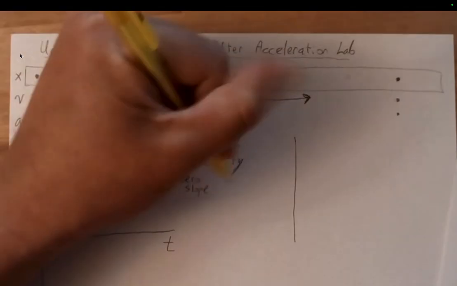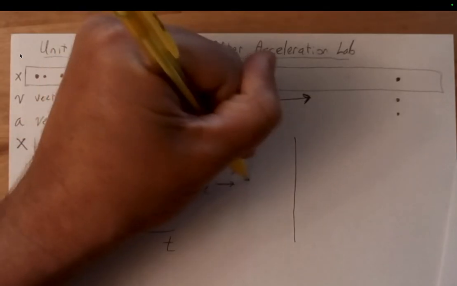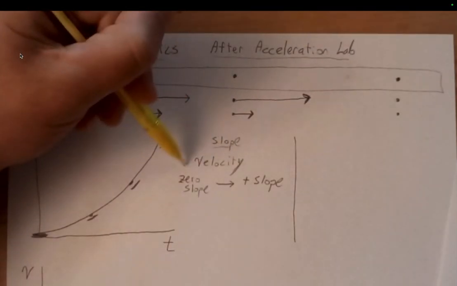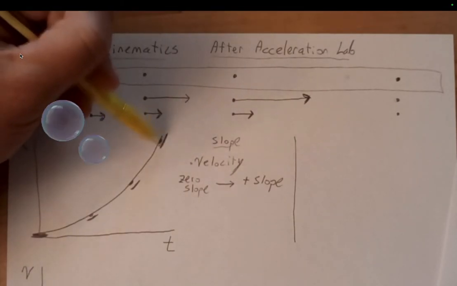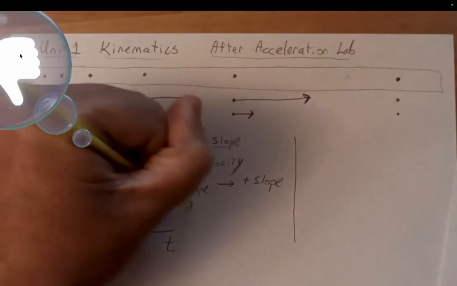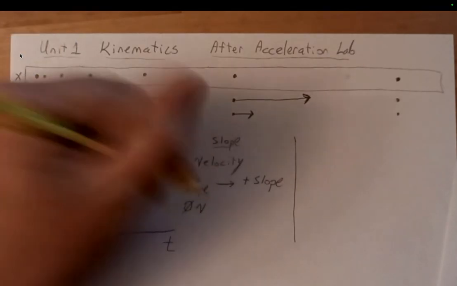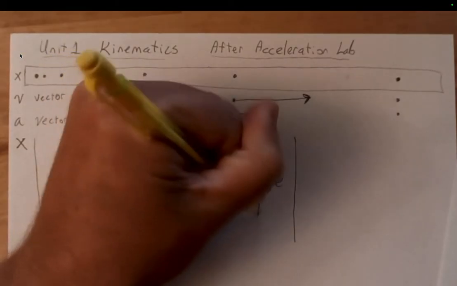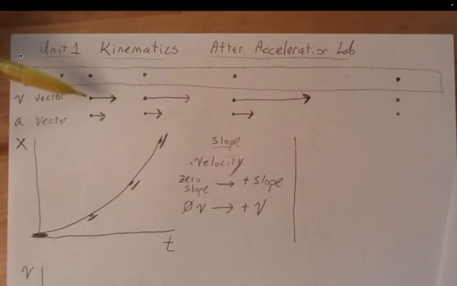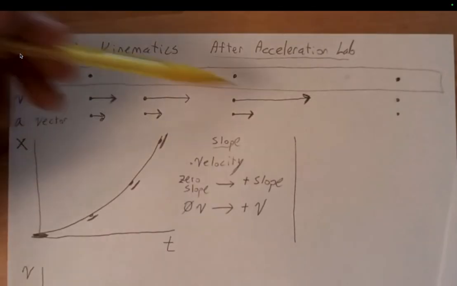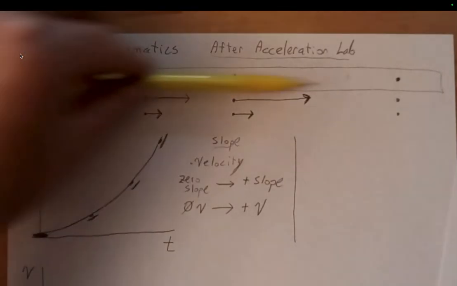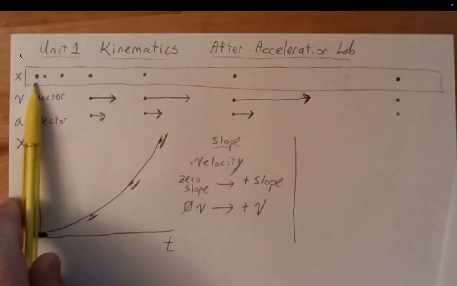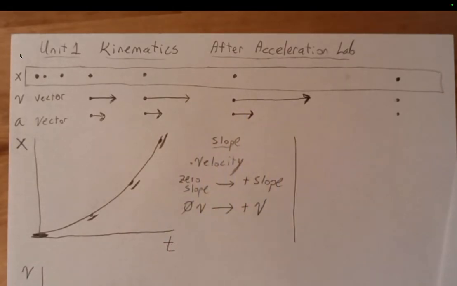So it starts off at a zero slope and then it increases to a positive slope because the slope is this velocity. I have this positive slope here at the end, so that means I start off with a zero velocity and it becomes a positive velocity. And we can see that the direction of it is to the right, and the velocity vector shows that it's increasing as well, showing at first a relatively small or zero velocity and then increasing in this velocity vector.